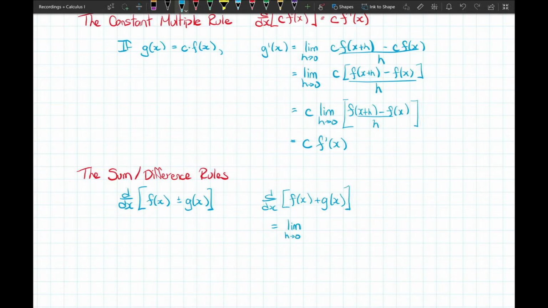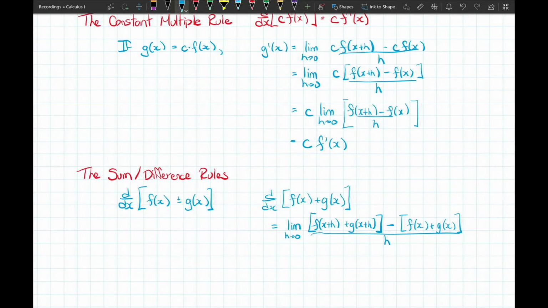Now our function is actually f of x plus g of x. So if we evaluate that function at x plus h, we'll end up with f of x plus h plus g of x plus h. Then we subtract the function evaluated at x, which is just f of x plus g of x. The entire expression is then divided by h, and we have to evaluate this limit.